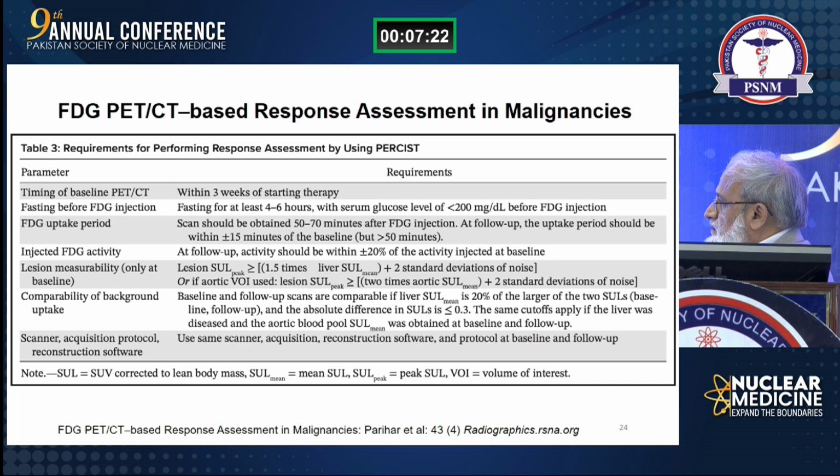Uptake period, usually we cannot ensure the exact same time, as the patient may be imaged when we have a heavy list or a problem with our scanner, but we try to make it 50 to 70 minutes after FDG injection, and then of course the Deauville criteria will be easily applicable.